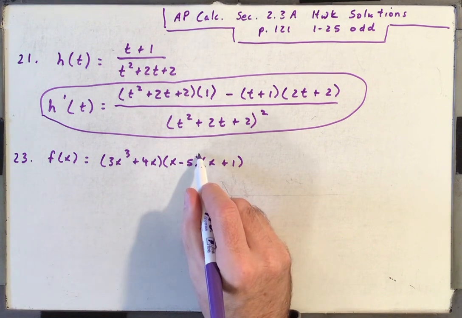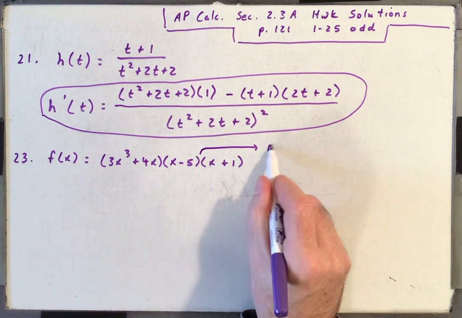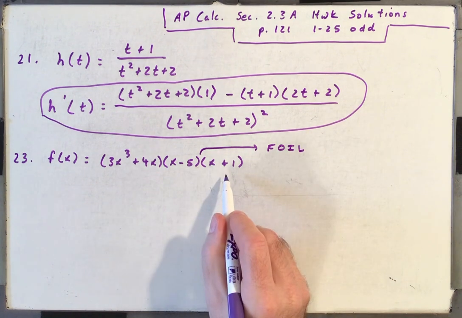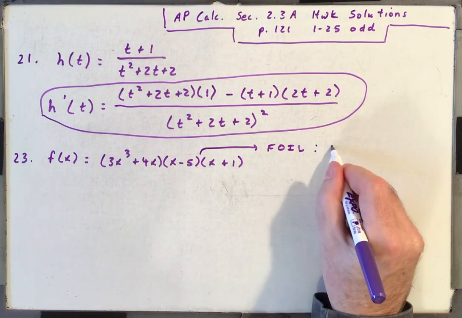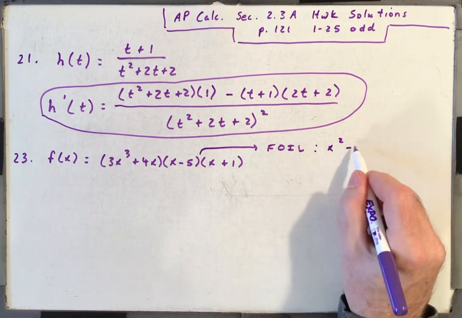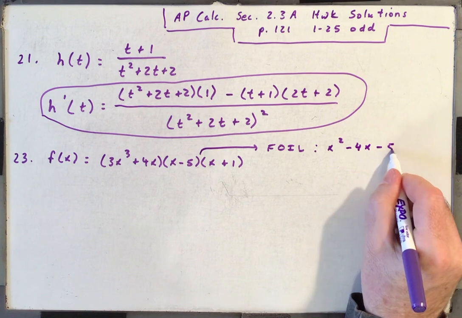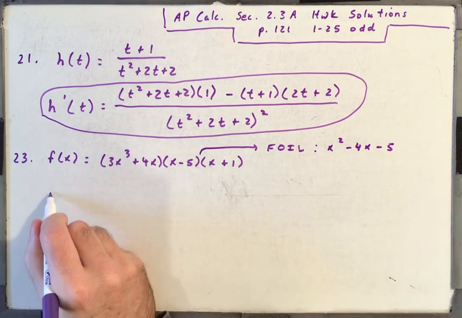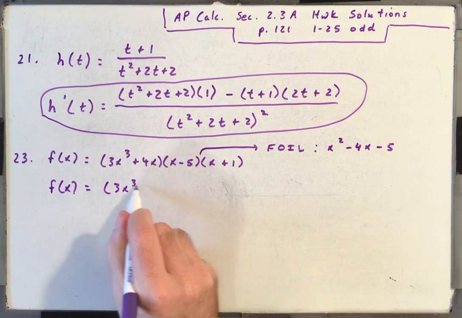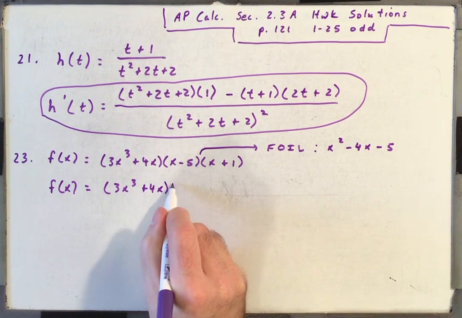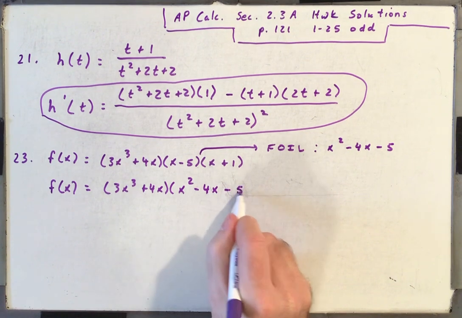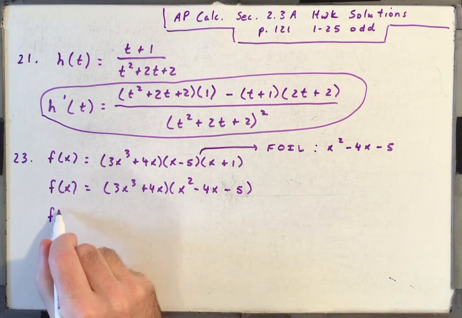So let's FOIL these term 2 and term 3. That'd be x squared minus 5x plus 1x, so minus 4x minus 5. Now I can write it like this. f of x is equal to 3x cubed plus 4x times x squared minus 4x minus 5. Now we're going to product rule it.